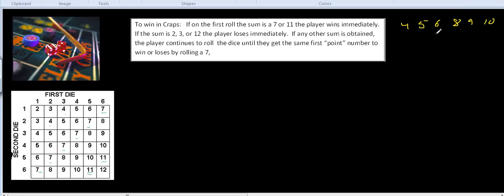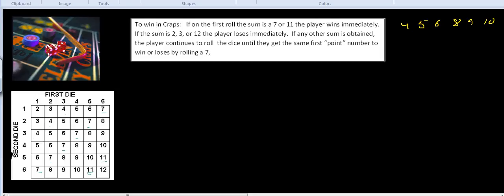If you roll these on the first roll, that number is what we call in craps your point number. And then you have to try to roll that again before you roll a 7. So in this scenario, you don't want to get a 7. You want to roll one of these numbers before.